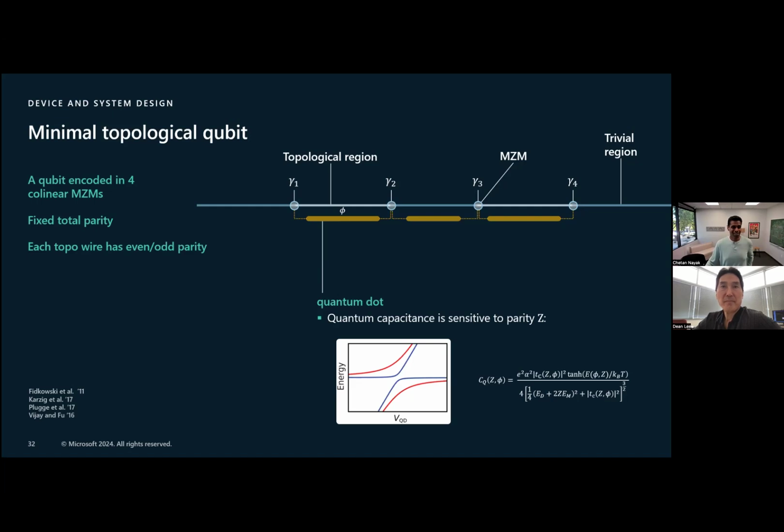The capacitance is essentially the curvature of these curves. So depending on whether Z is plus or minus 1, so even or odd parity, you will either see a capacitance that's large because there's a big curvature here, or smaller because there are these red values here with less curvature. And that's the thing that we want to be able to measure.